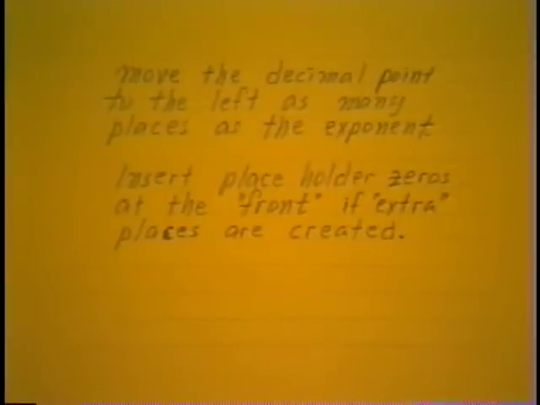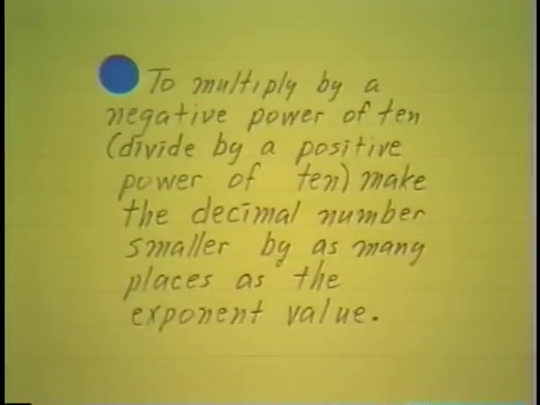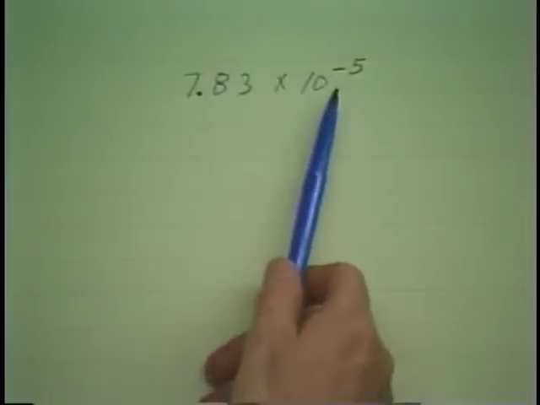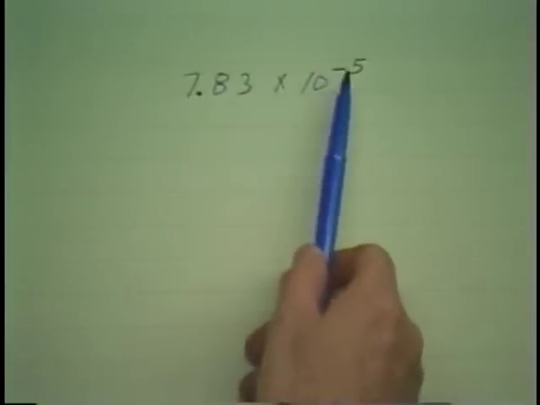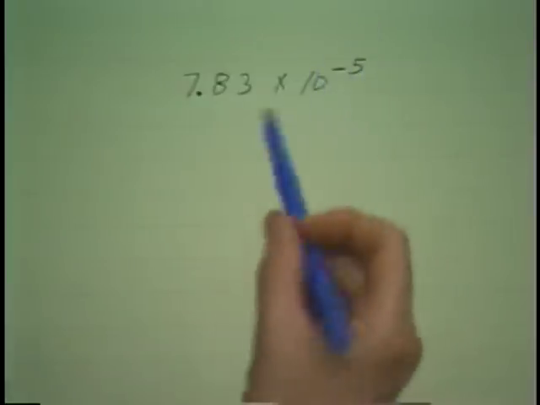Or, saying the same thing slightly differently, to multiply by a negative power of 10, which is the same thing as divided by a positive power of 10, make the decimal number smaller by as many places as the exponent value. An example. I wish to multiply this number by a negative power of 10.